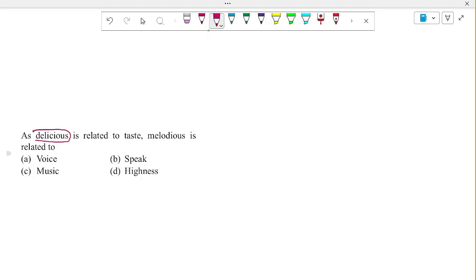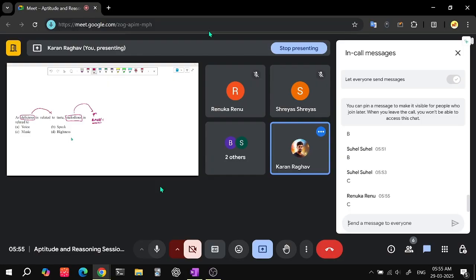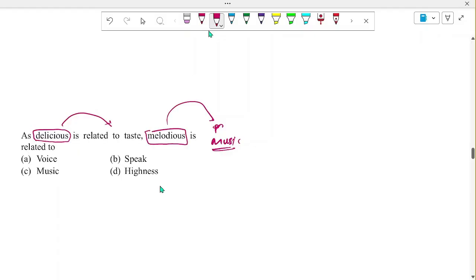When you say delicious, whenever you taste something and you feel it is good, you will say delicious, right? In the same way, the word melodious is used for praising the music. If the music is good, you will say what a melodious voice, right? But here the music is melodious or voice is melodious? Voice. Yes, actually the voice is melodious.